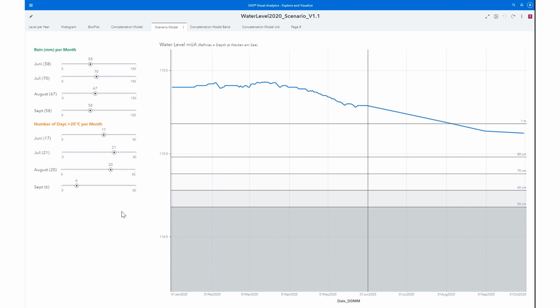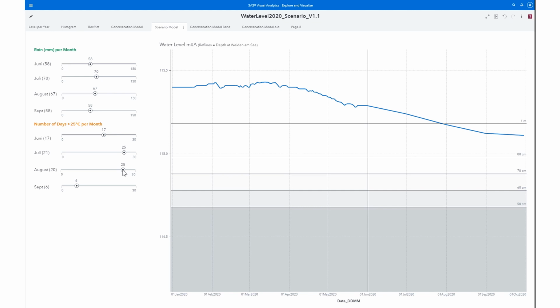Let's now play around with the scenarios and ask: what happens if we have a very dry summer? Very dry summer means we assume that we have 25 hot days in July and 25 hot days in August, and you see, while I'm changing the scenario settings back and forth, the line on the right side also changes immediately.